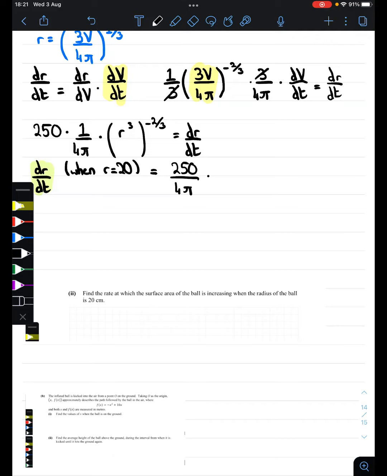Well, that's just so we notice. If we use our indices law, if we have something to the power inside the brackets, and then that to the power again, you can just multiply the two powers. So this 3 and this 3 will cancel. So it's just 20 to the power of minus 2.